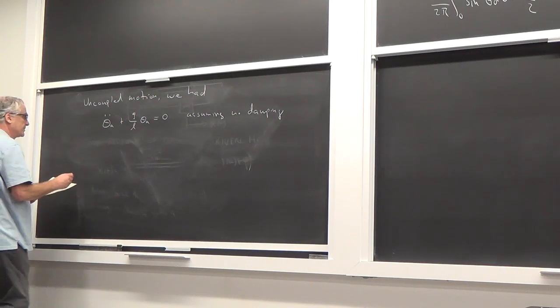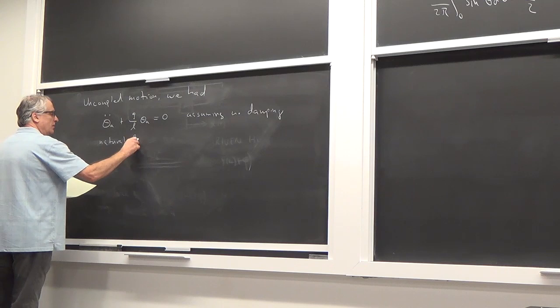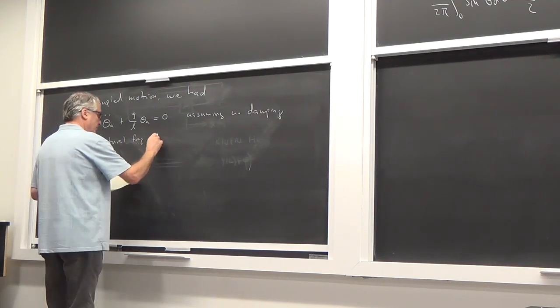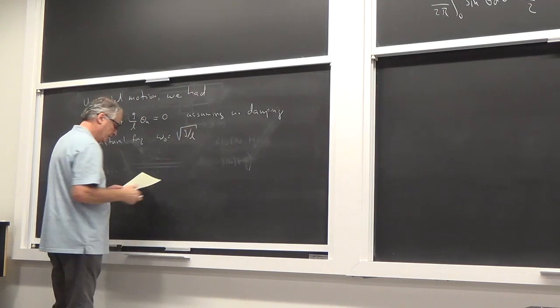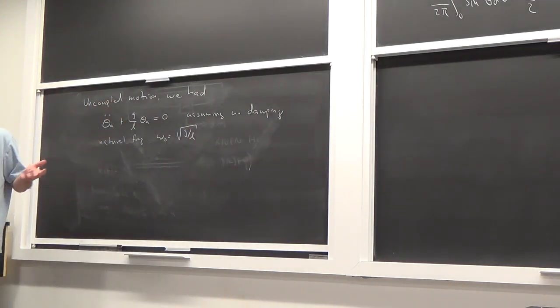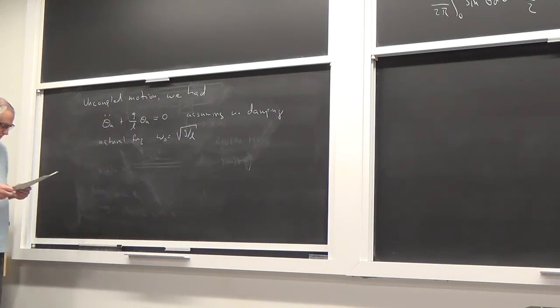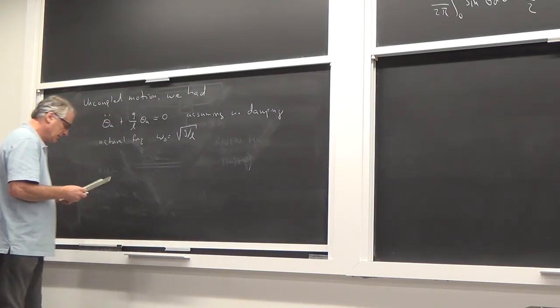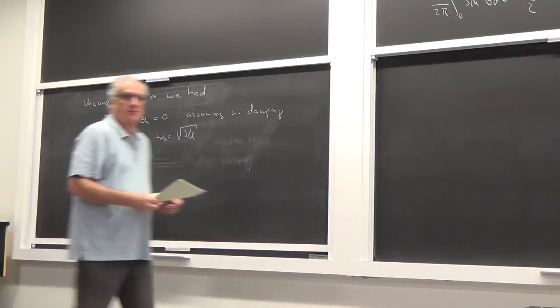So the natural frequency we had was omega naught equals the square root of g over L. And the only restoring force that we had was gravity. We only had a single oscillator, a single pendulum. So let's see if we can analyze what happens in general for this coupled motion.